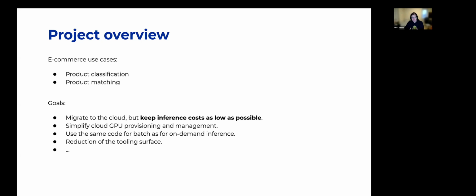And there's also product matching, which is kind of like product classification, but it's product to product matching. So offers from various merchants. You have offers of various merchants, and you try to match them together under the same product entity, so to speak. So I won't be going into that at all. I just want to more briefly look at how we used Ray in these use cases.